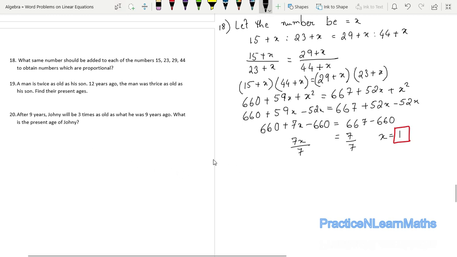Sum number 19. A man is twice as old as his son. 12 years ago, the man was thrice as old as his son. Find their present ages.